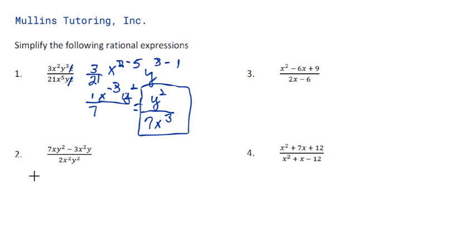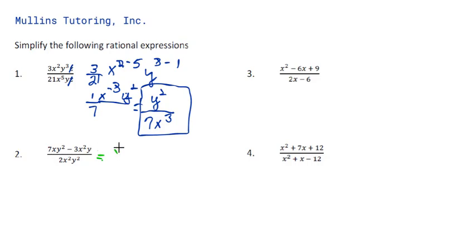Let's look at number 2. Here we have 7xy squared minus 3x squared y over 2x squared y squared. I'm always looking for common factors that I can pull out. Since 7 and 3 are both prime numbers, I see that I have an x in both terms and a y in both terms.